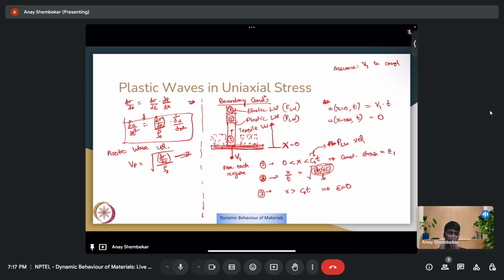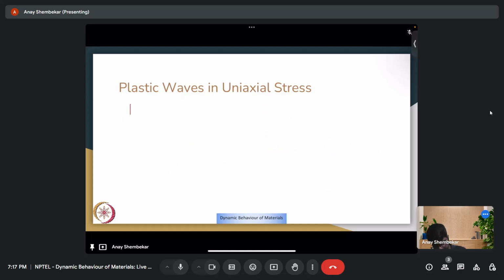We have seen in the previous class that if you have an elastic wavefront and a plastic wavefront, they spread out with time. Suppose I draw x by t: this is c naught, this is c1. C1 is the plastic wavefront velocity corresponding to the maximum total strain epsilon 1, meaning both elastic and plastic values.